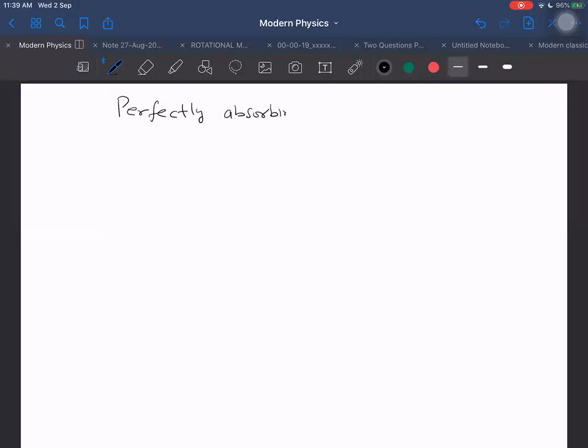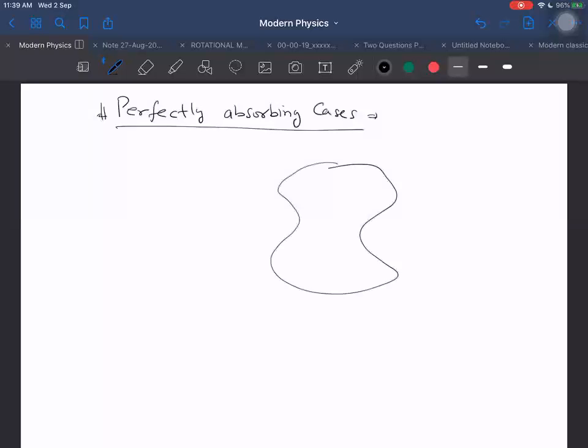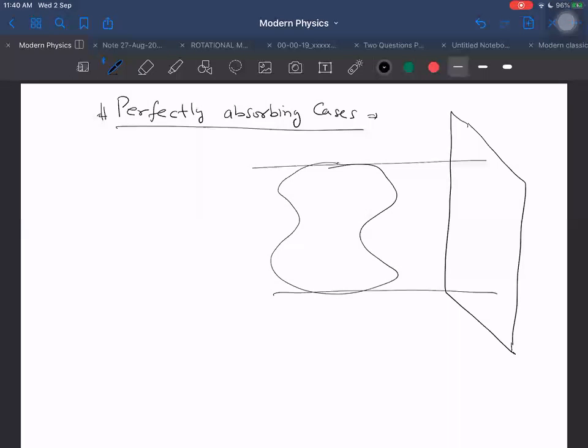Perfectly absorbing cases. If I have perfectly absorbing cases, then whatever irregular shape of body is there, if rays are incident on it, then a shadow is formed, some shadow is obtained.